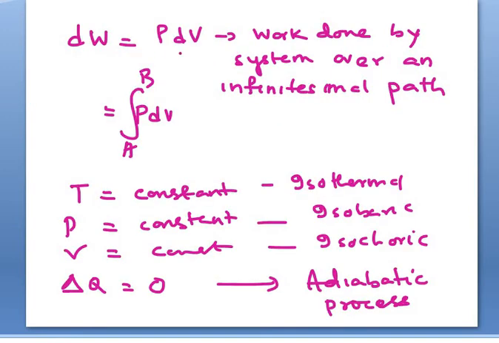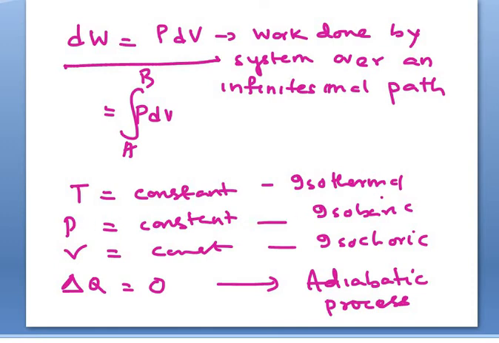Now we will again go to what is the work done over an infinitesimal path. Again, this is the standard thermodynamic expression, that is dW is equal to PdV, and the path is A to B, so it will be the integral of PdV from A to B. Now some standard thermodynamic conditions: when some change is taking place where T is constant, you will call it an isothermal case.